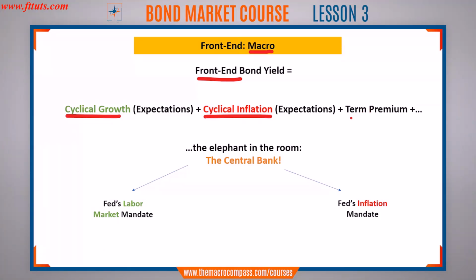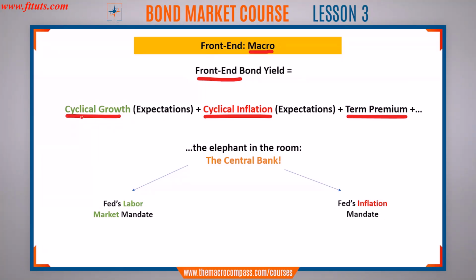Term premium tends to matter less because, reminder, this is the uncertainty and therefore the additional premium that investors want to be rewarded for taking long-dated interest rate risk. Because we're talking about the front end, this uncertainty and interest rate duration risk is actually less. So term premium tends to matter less for the front end.